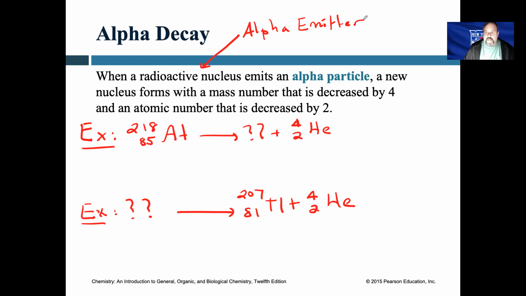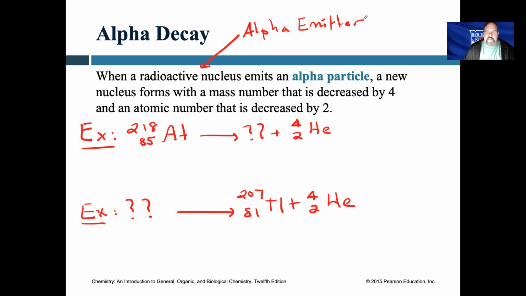That's where the 4,2-He came into play. The new atom that's formed should have 2 fewer protons and 2 fewer neutrons. So its atomic number goes down by 2, but its mass number goes down by 4, because 2 protons and 2 neutrons gives us 4 for a mass number.